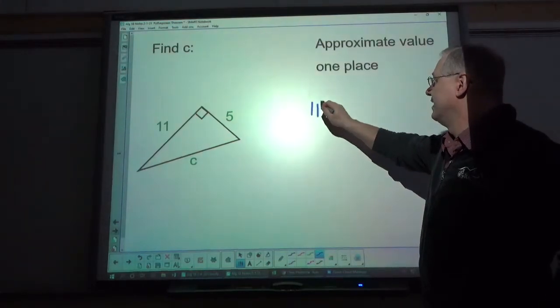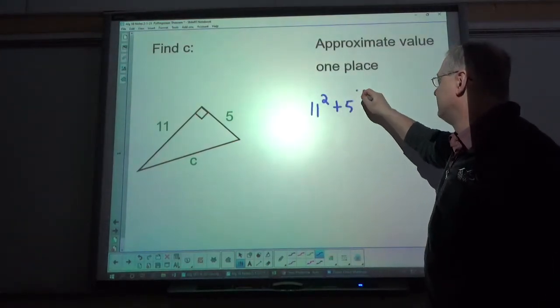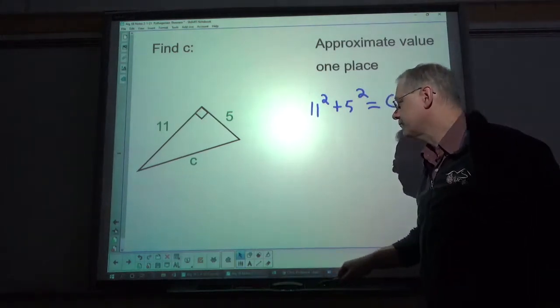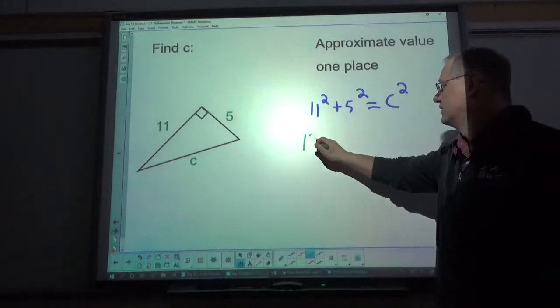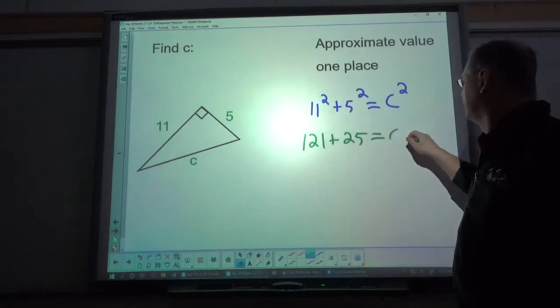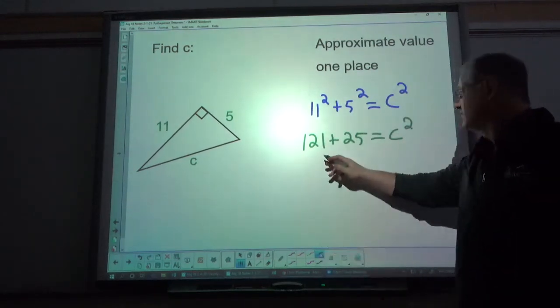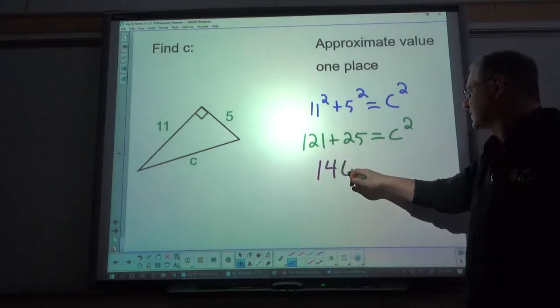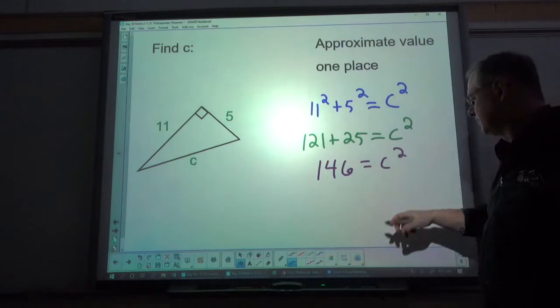So 11 squared plus 5 squared equals c squared. 11 squared is 121. 5 squared is 25. And when we add these up, I get 146 equals c squared.